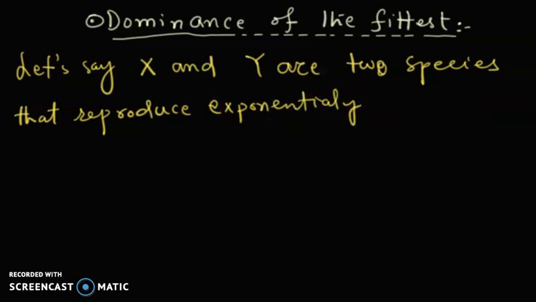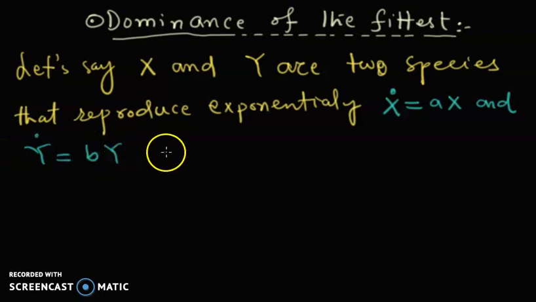In other words, I would say that X follows this dynamics and Y follows this dynamics. We also assume something, which is A to be greater than B, and this is greater than 0.